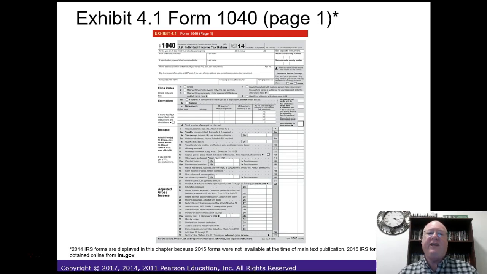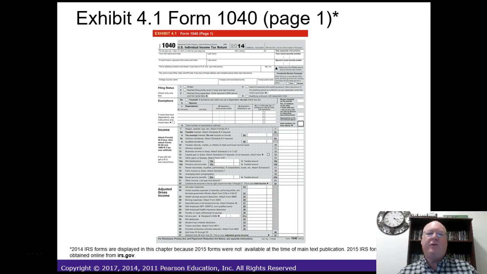Line 13, again, is for capital gains or losses, which is what you earn or lose when you sell an asset. And hopefully you're investing, and we're talking about investment assets, not your personal assets like your TV or something like that.